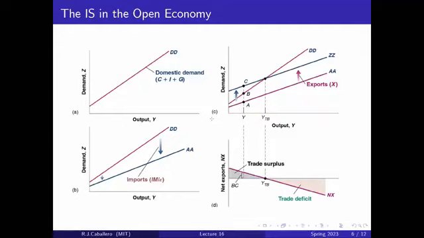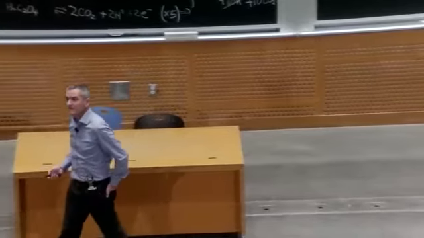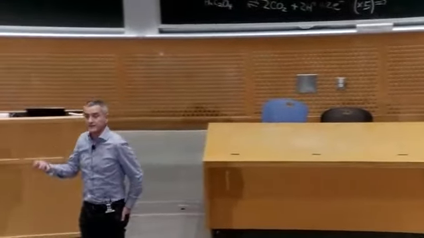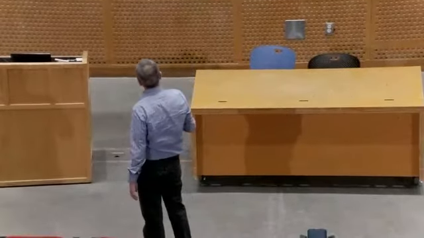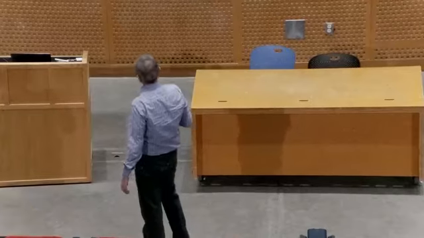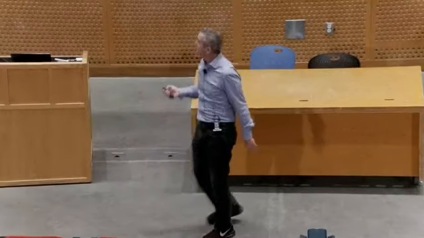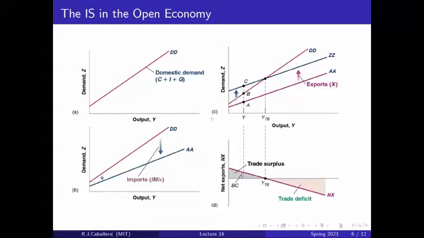Why is that? Dependent on output? Exactly. It's because there's a positive marginal propensity to import, and so you'll import more if output is higher. That's the reason we have this curve. Let me get to the end of these diagrams, and then I'll get back to this.